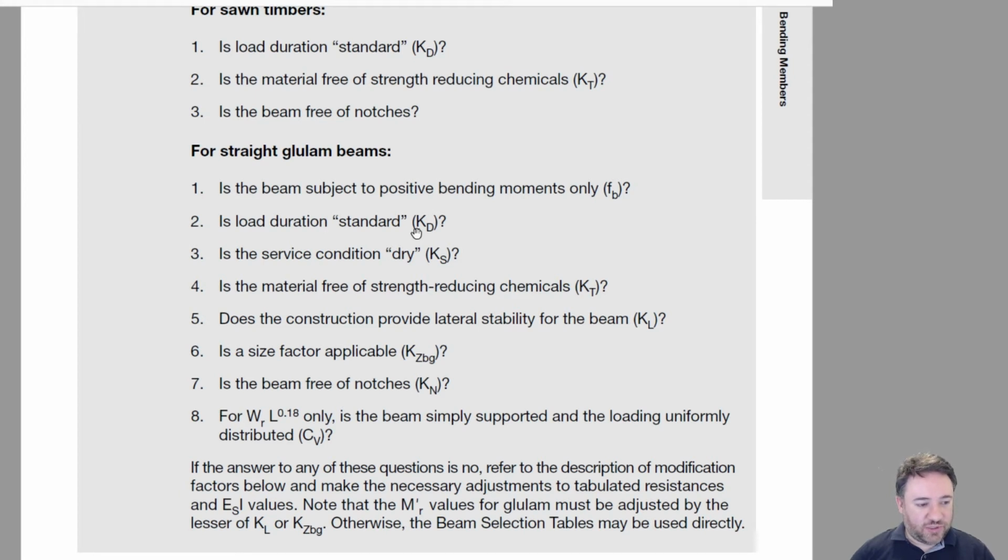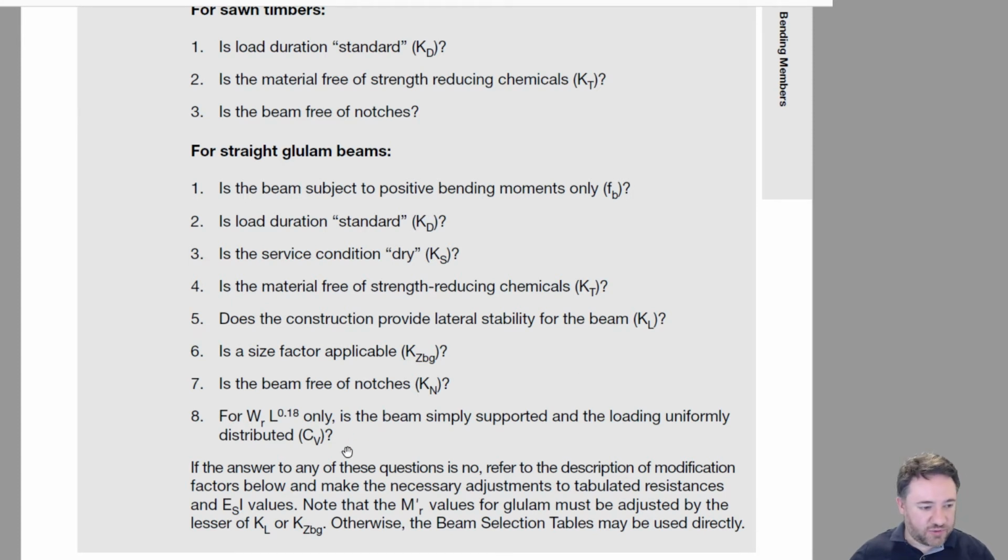Alternately, on the other side of the equation, I could divide my target factored moment by 0.65, which will raise the target, which means that when I look in the table, I'm going to pick something that has a higher strength than I would if KD equals 1. So those are two ways to approach it if I have different assumptions than are in this table.